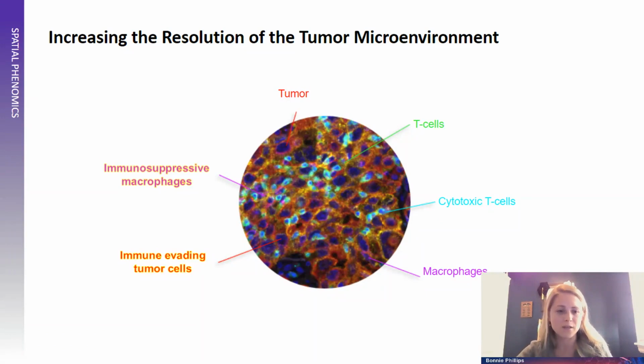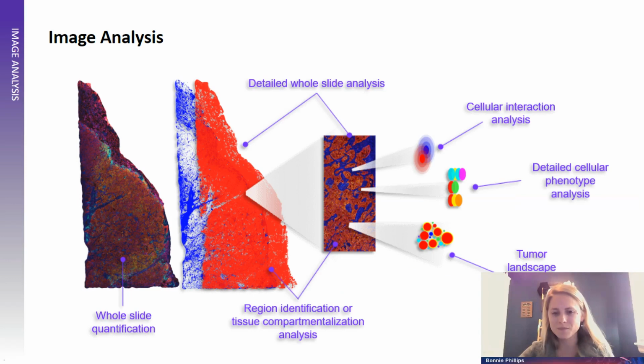You could use 8 or even up to 12 biomarkers, and this will provide you with, of course, even more data with an even clearer picture about the tumor microenvironment and what exactly is occurring within the tissues, so that people can have a better understanding for drug discovery or patient treatment, for example.